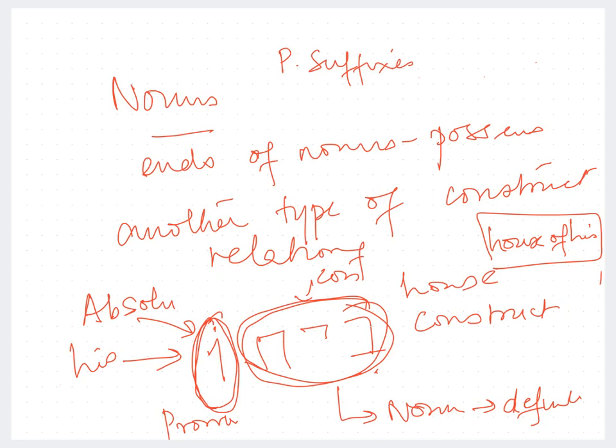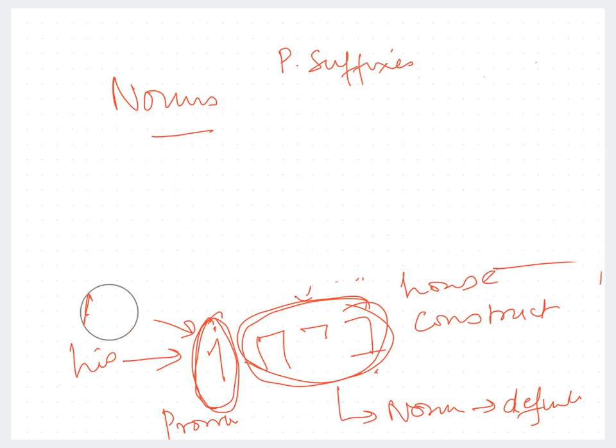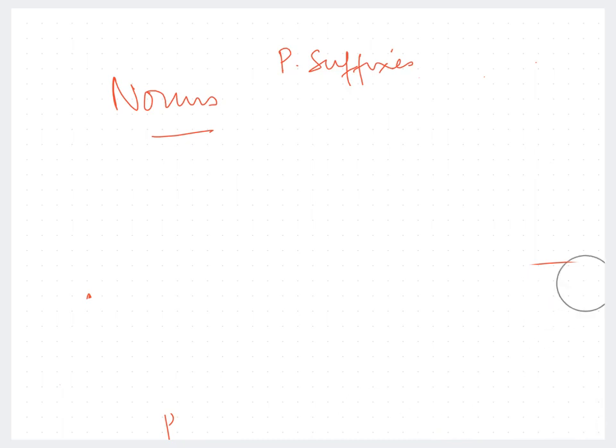Remember, a construct noun with a pronominal suffix is always treated definite, even though it does not take a definite article. Remember, I always said that construct nouns can never take a definite article. It is only the absolute noun that can take it. Construct nouns will never take it. So whenever a construct noun has a pronominal suffix, it is considered definite because, for example, my hands.